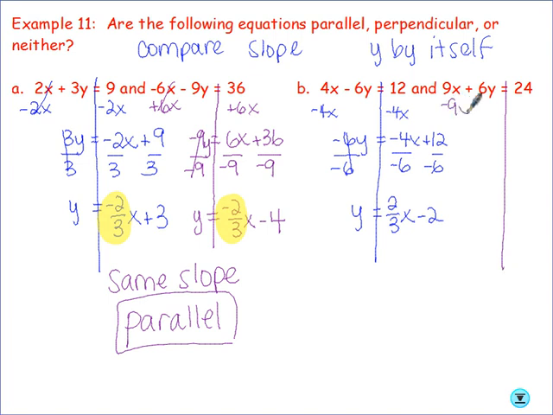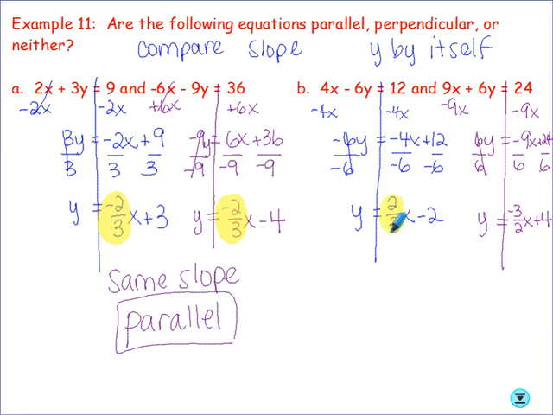Subtract 9x from both sides. We're left with 6y equals negative 9x plus 24. Divide everything by 6. Y equals negative 9 divided by 6. Math, enter, enter, is negative 3 over 2x. And 24 divided by 6 is plus 4.